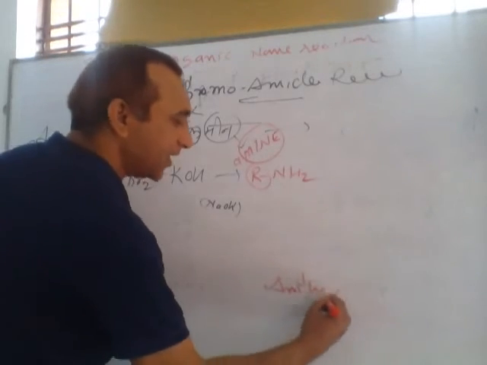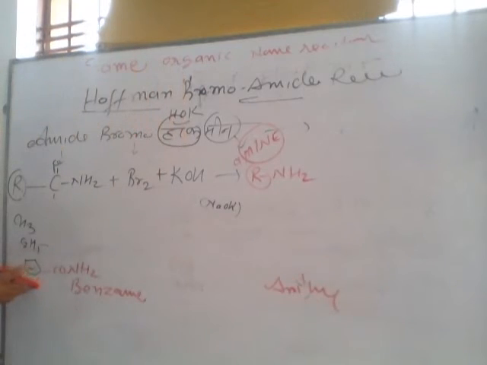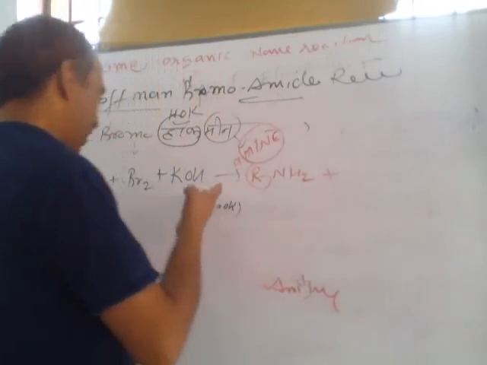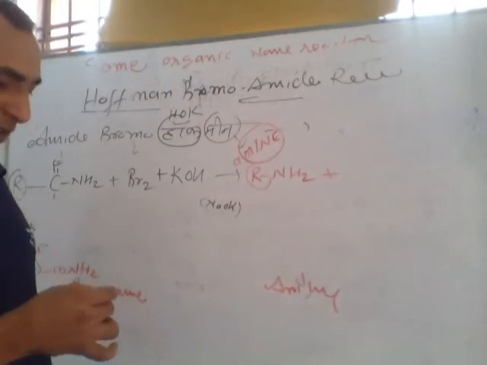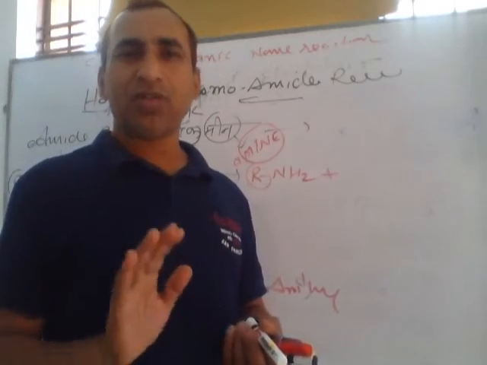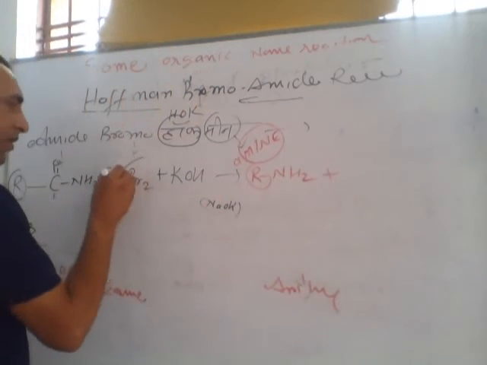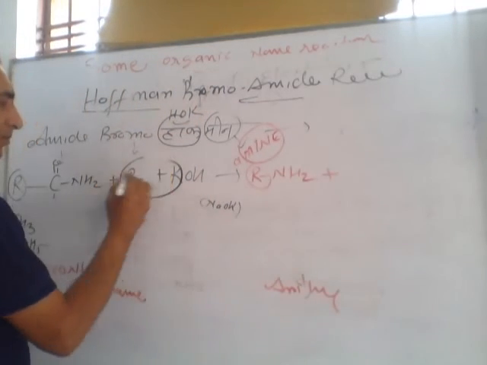So in the exam they ask how you can convert benzamide to aniline. And if you want to remember the other products, we can easily write them by this reaction, but in organic chemistry there is no need to write side products. If you want, you can write them.